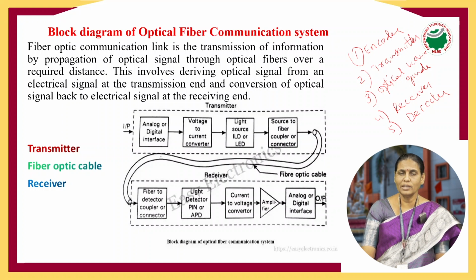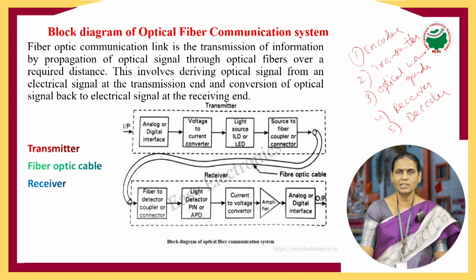Then the second component is the LED, which checks whether the output, that is 0 or 1, is coming. Next, the third one, the source to fiber connector. The signal which is coming out has to be connected to the optical waveguide. So the transmitter consists of three components: voltage to current converter, LED, and source to fiber connector.